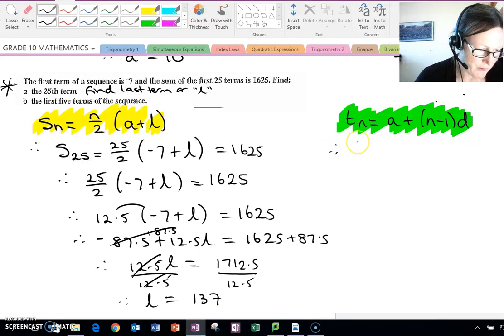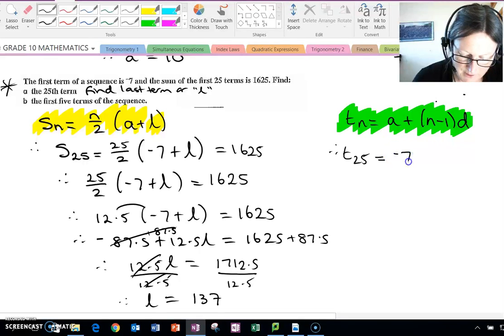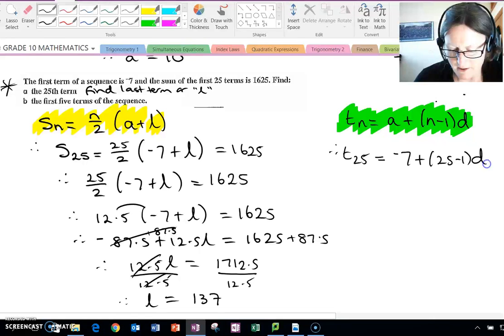Because I know that the 25th term is equal to A, which is negative 7, plus 25 minus 1 times D. And I know that that is equal to 137, because I've just worked that out.